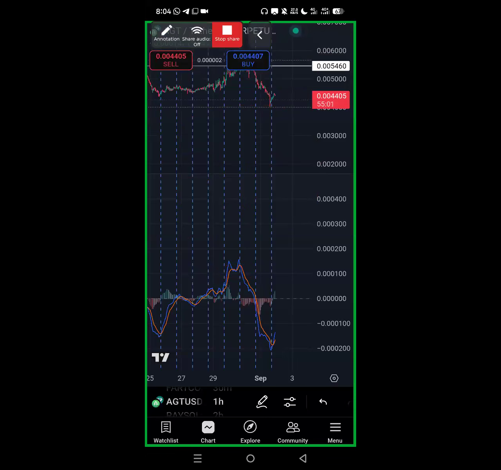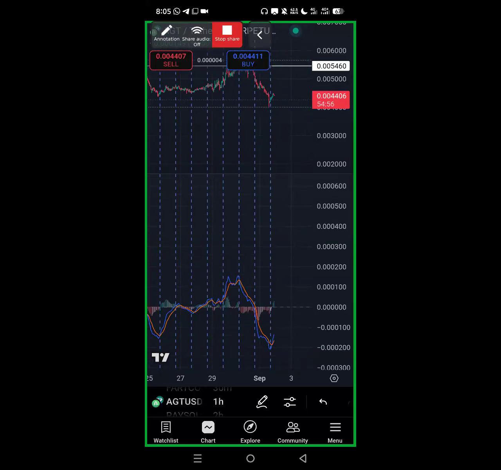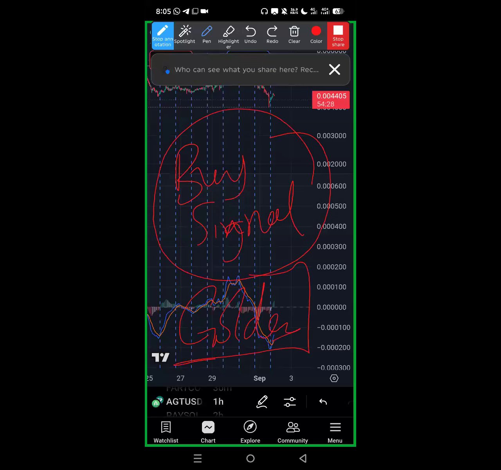Now, if you open your chart on a particular coin and you come across a scenario where the MACD line is about to cross or has just crossed above the signal line, then that is a buy signal. Most of the time people refer to that crossover as a golden crossover.